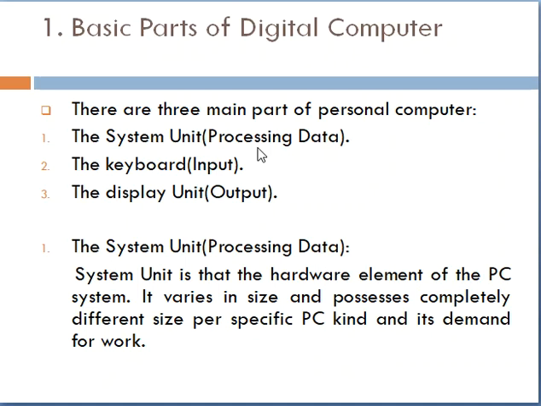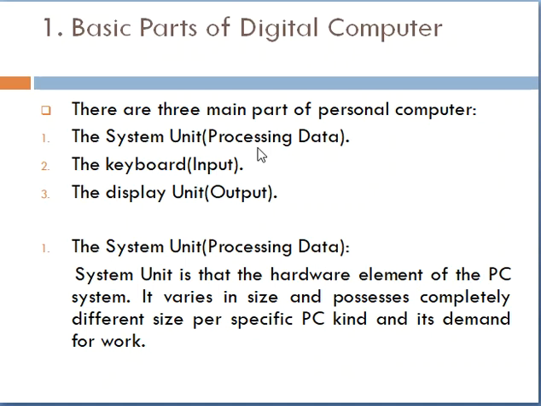It may be vertical or horizontal, like a vertical tower or horizontal on the top of a table. System unit contains the power supply, disk drive, hard disk drive, CD drives, floppy drives, and motherboard. And the motherboard contains the microprocessor, the control unit, and several connectors that link it to the attached devices such as keyboard and mouse.